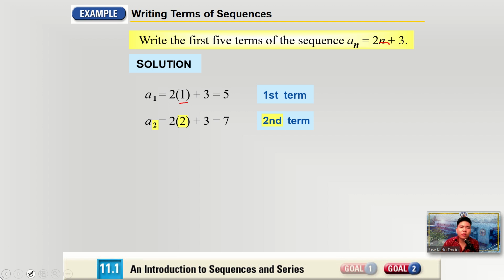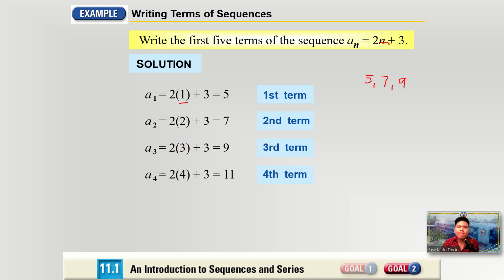If you're going to write that here, you have 5, comma, 7, comma, what's next? Can you guess? That is 2 times 3, 6, plus 3, 9. Next, 4. 4 times 2, 8 plus 3, 11.